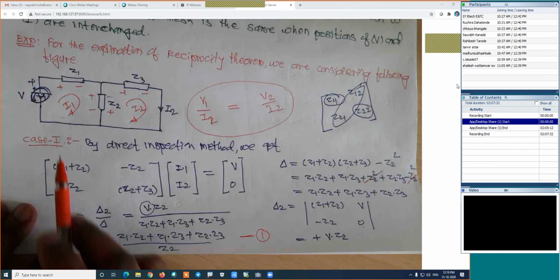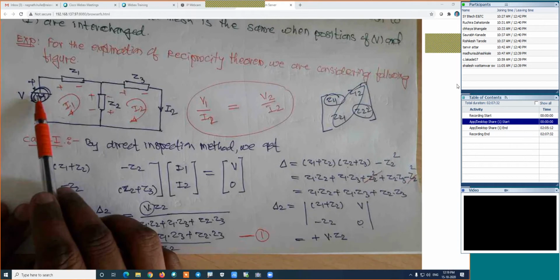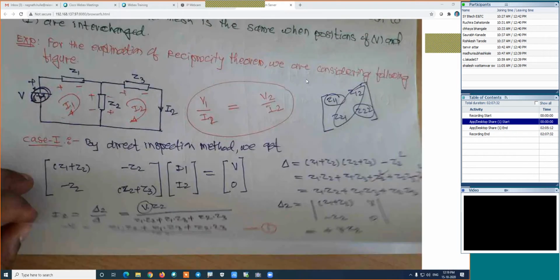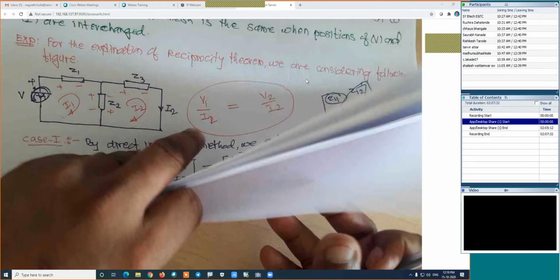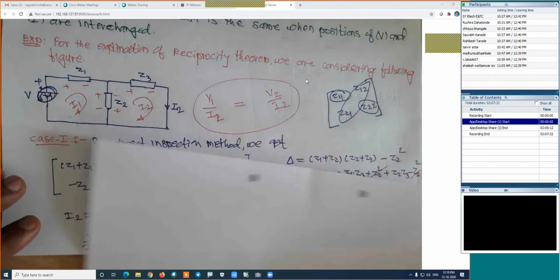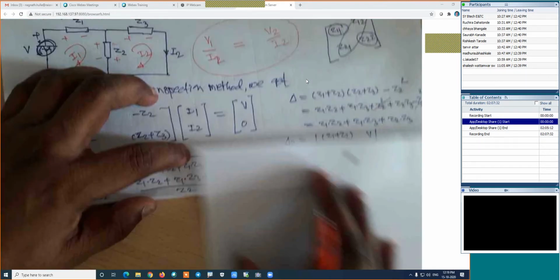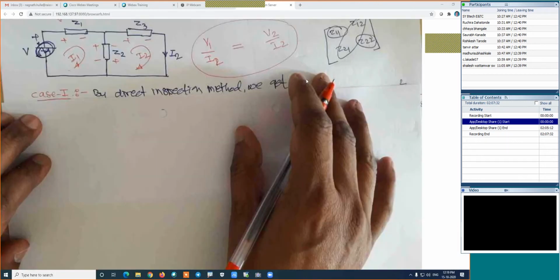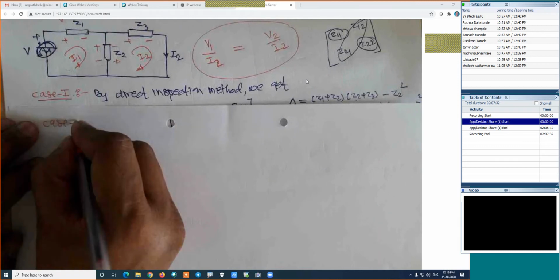A similar case we will do by shifting the source here and the current here, and we will repeat the same procedure. Is it right? Now I will use case 2. Now look at how case 2 is. For case 2, I will write here case 2.